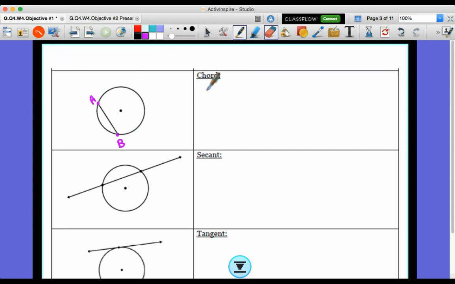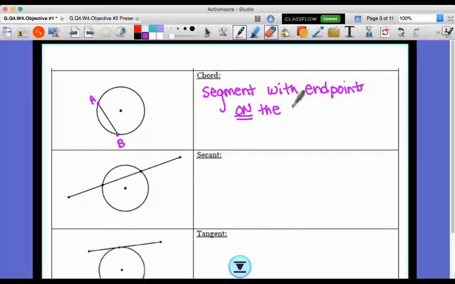A chord is a segment with endpoints on the circle, on the circumference of the circle. The notation for this is the same notation that you would have for a segment. It would be AB, going all the way back to the beginning of geometry probably. So there's segment AB.